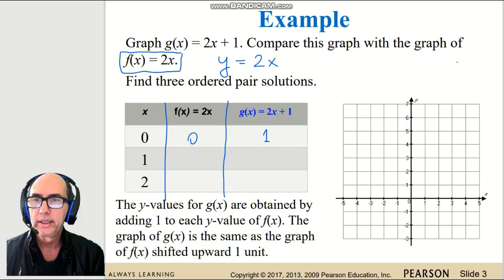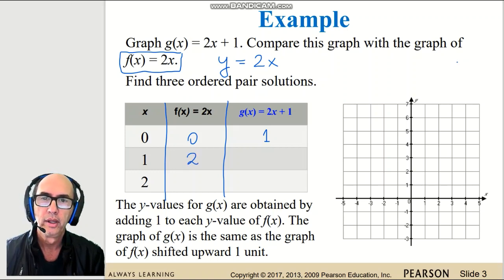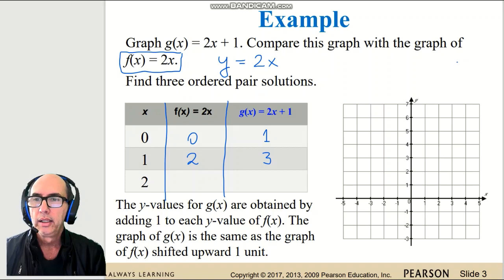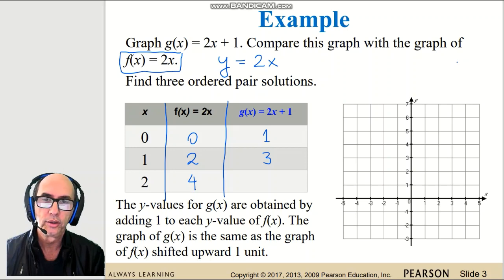Now, x equals 1: f of 1 equals 2 times 1, 2. g of 1 equals 2 times 1 plus 1, 3. Now let's plug in x equals 2: 2 times 2, 4, and g of 2 is going to be 2 times 2, 4, plus 1, 5.